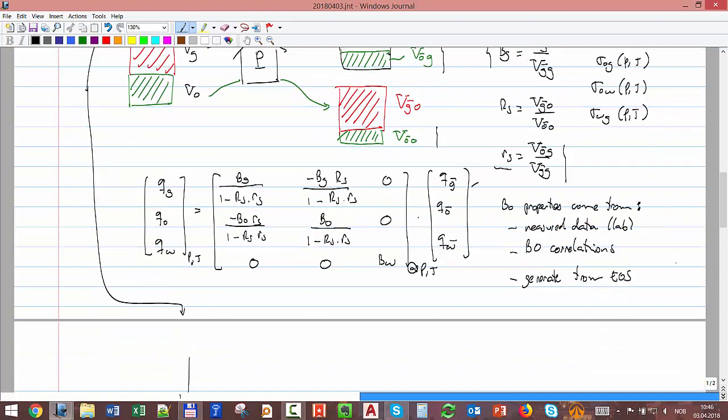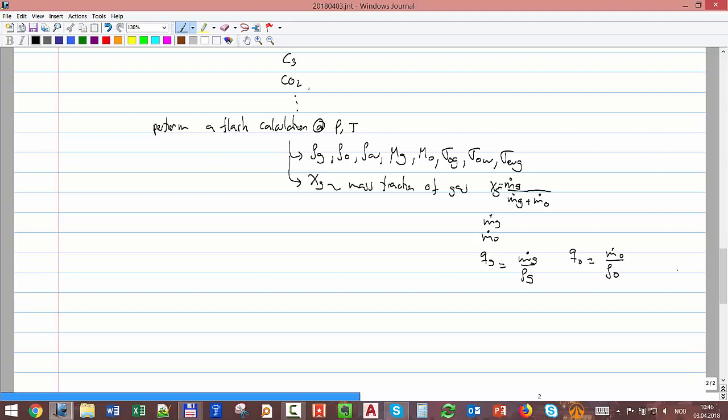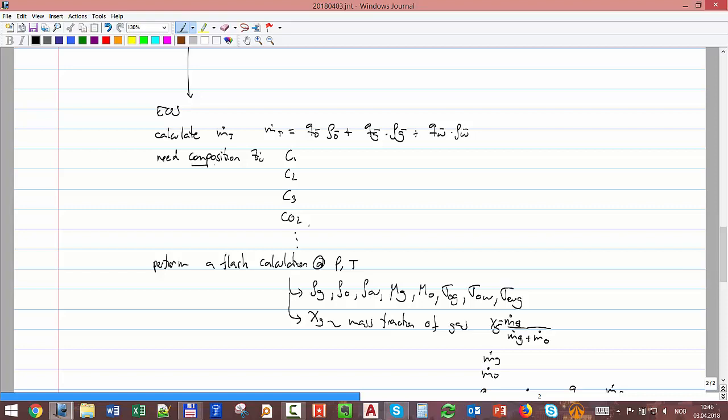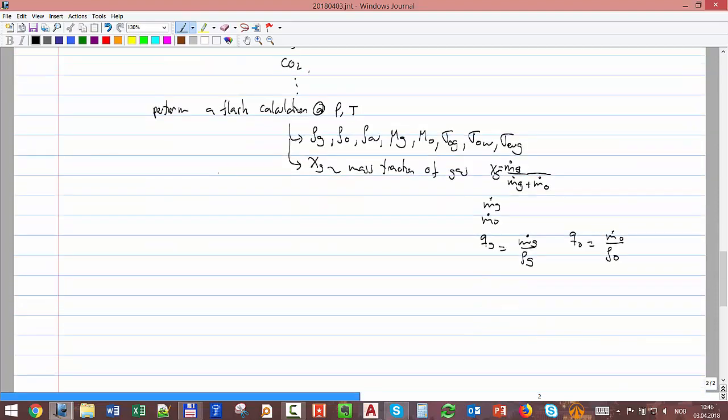I have correlations for all of them. And finally, I reach the same point. But I have to make this flash calculation, and I need to have a composition, which sometimes might be difficult to get. But after I have that, I have my rates.